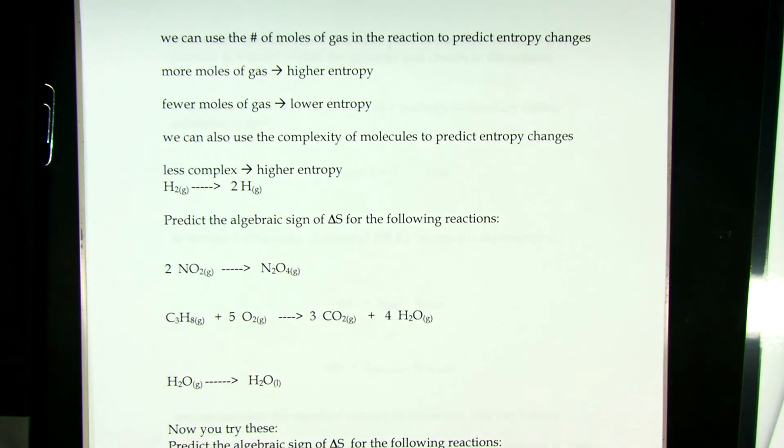Now, I had a little bit of trouble with this one at first when I was learning this as a student, because I thought if it's less complex, it should be just the way it is. But the way it works is, as you get bigger molecules, remember everything we learned in Chem 111 about bond angles and bond distance and things?